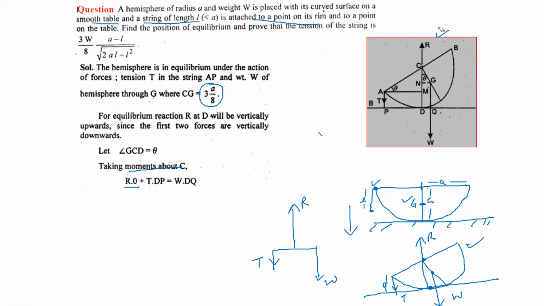So it will be equal to, let us see, this one, P, here we have, and from C its perpendicular distance will be this one, and this is equal to dP. D is the point of contact of the hemisphere with the table. So T into dP, and for W the distance will be this one. So that's why we have constructed it.